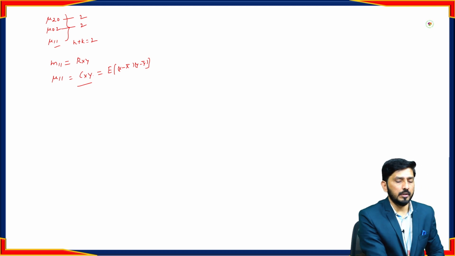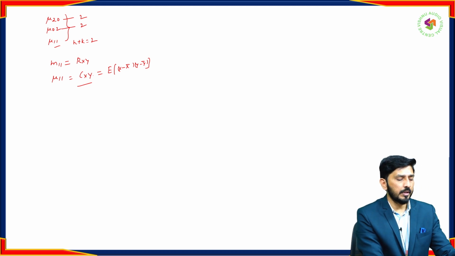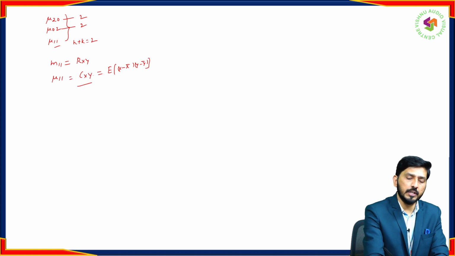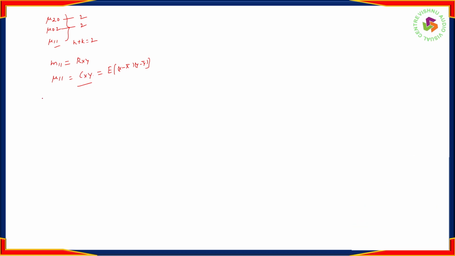Now, we will see one problem related to joint operations on two random variables. You have two random variables x and y, and they are related by y is equal to minus 4x plus 20.